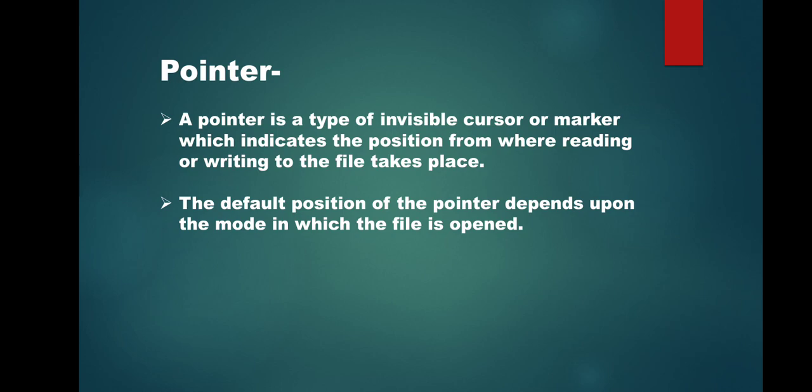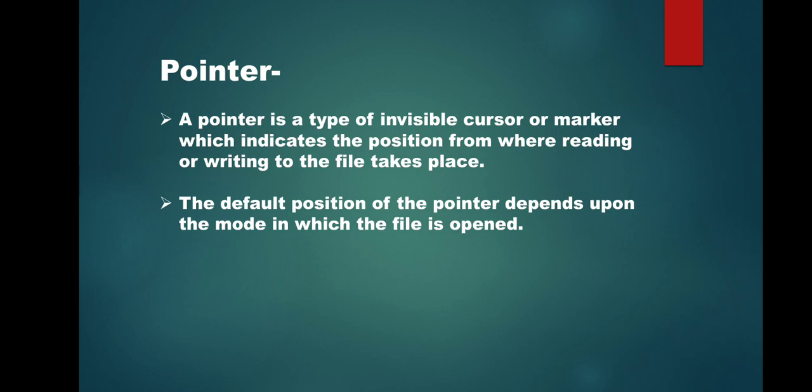That is a pointer. Now, what is the importance of that cursor? The location where the cursor is positioned is the location in which the character will be entered when you press any key on the keyboard.